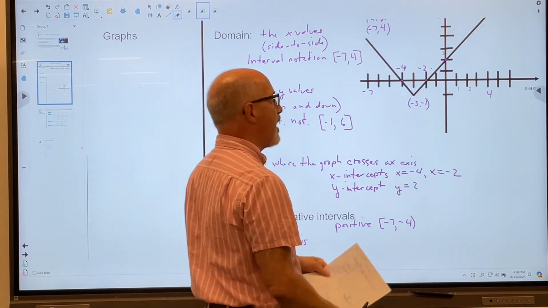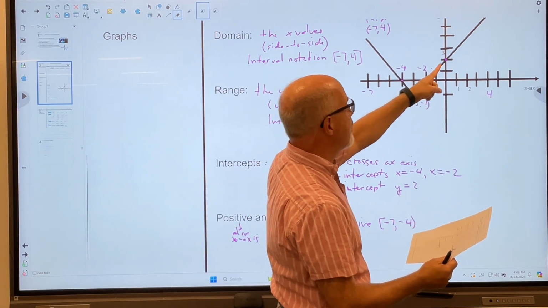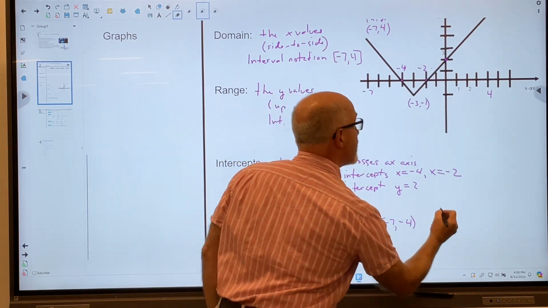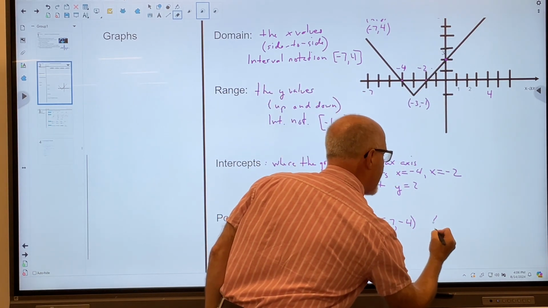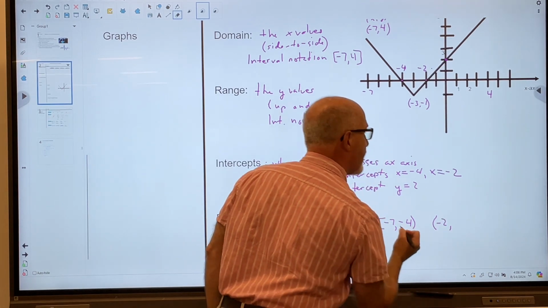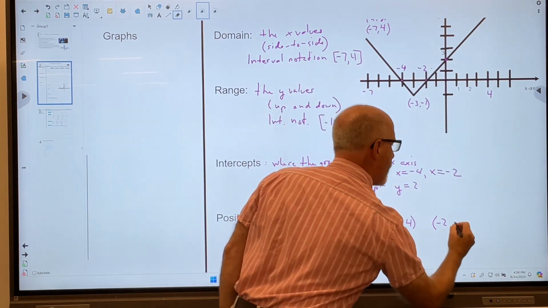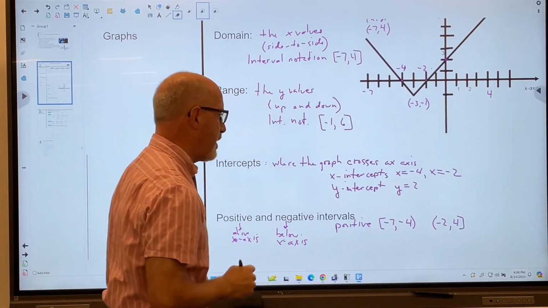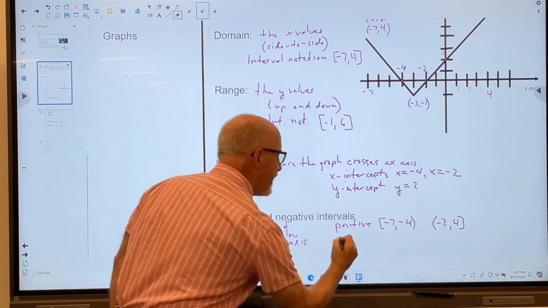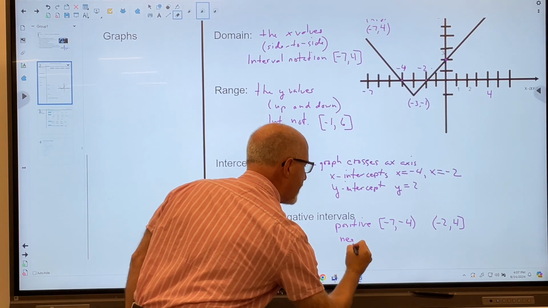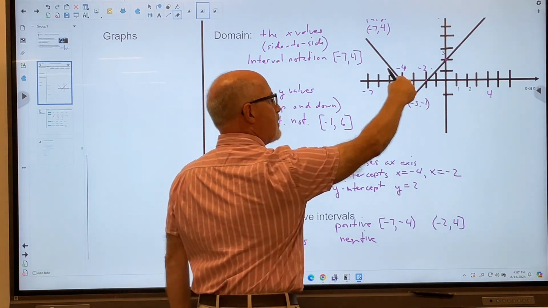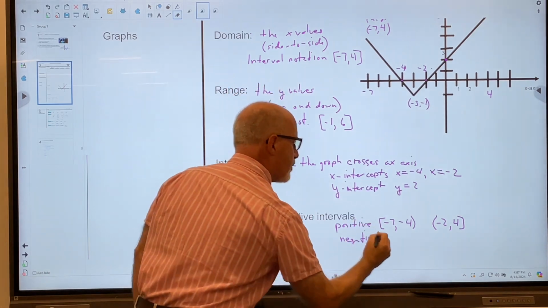Now there's another positive region here. It starts at -2 and it goes off to the 4. So another positive region is from -2, not including it because it's 0 there, and then all the way to 4, where it includes that one because it stays positive. And then our negative interval is between -4 and -2.